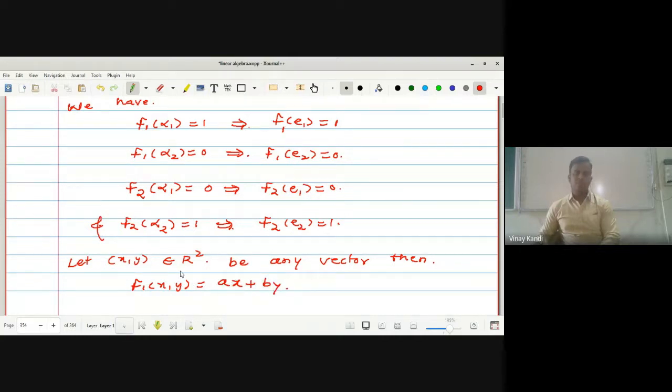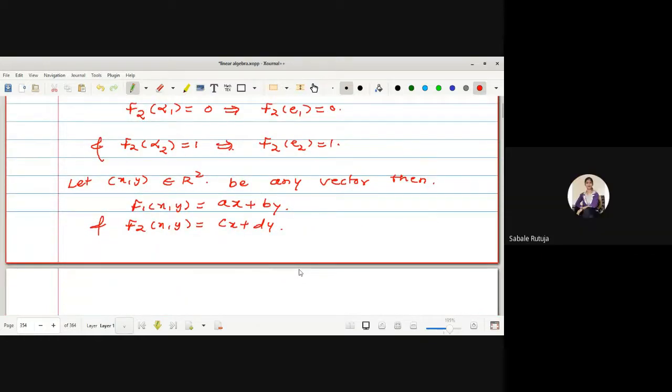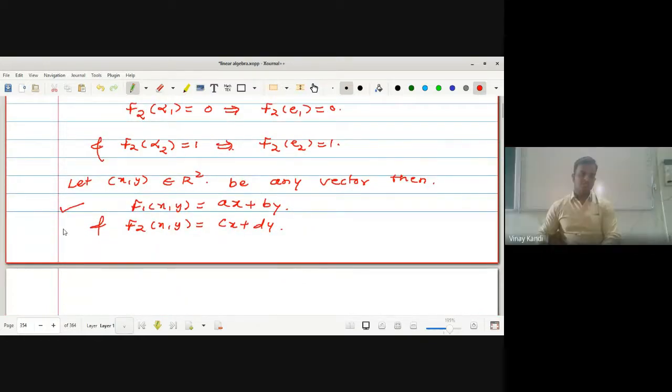Any linear functional from R2 to R is of the form ax plus by. Okay, and f2 of xy is equal to, take another coefficient now, cx plus dy. Okay, any doubt up to here? No, sir. Your f1 will be like this, f2 will be in this form. Okay, only the coefficients will be different, a, b, c, d belong to R.